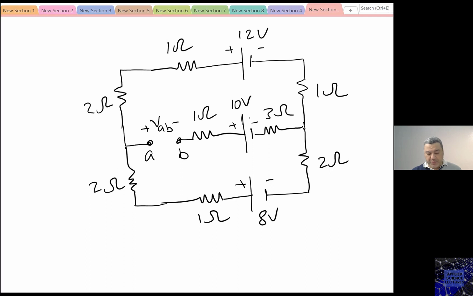Okay, so it is very important to notice here that this circuit is open because I have a broken circuit here at A and B. What does this mean? This means that the current going in this branch is 0. This is extremely important.